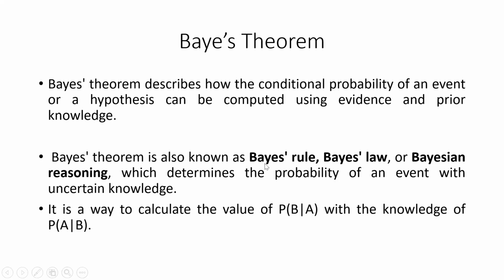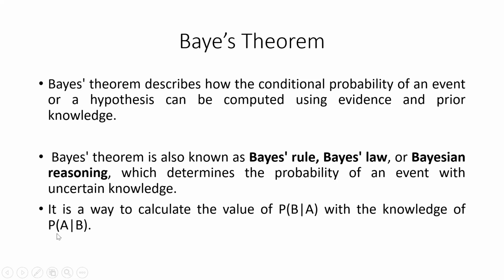Bayes theorem is also known as Bayes rule, probability with uncertainty. So here we are finding the probability of an event where we don't have complete knowledge. We have some uncertain knowledge about that particular problem, right? It is a way to calculate the value of P(B|A) with the knowledge of P(A|B), right?